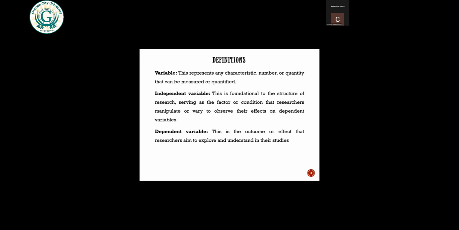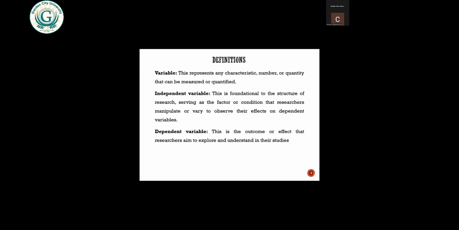Like I said, your independent variable is the final outcome. For every study, you are trying to prepare soup or stew. Your independent variable is the final stew you have finished preparing.